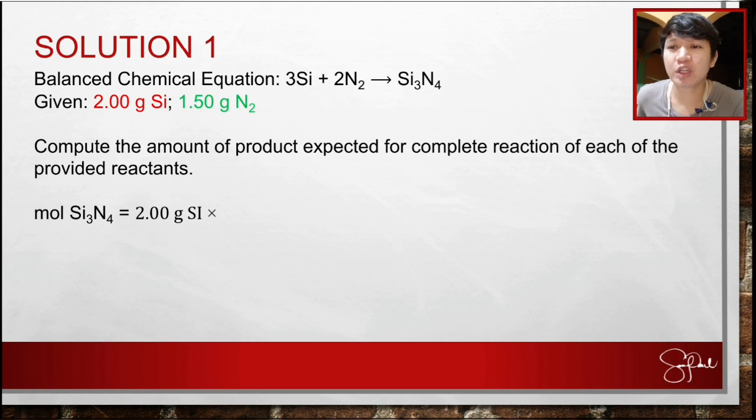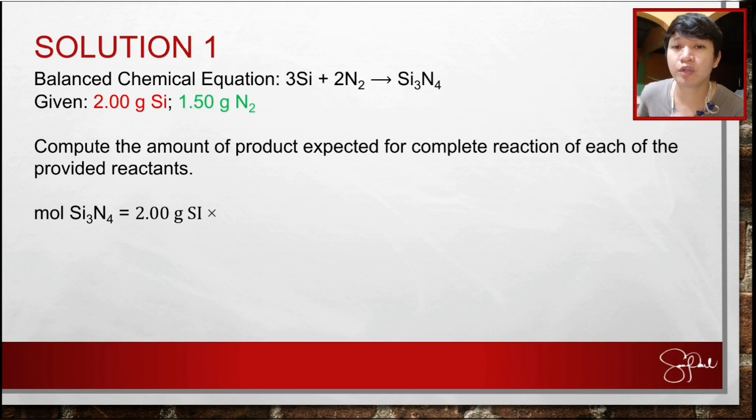If we are going to use 2 grams of silicon, we need to determine first its molar mass, so that we can convert it into moles of Si3N4. As I told you earlier, this is just the application of what we had discussed last time. We are going to use stoichiometric conversions here. What is involved in the first problem is silicon and silicon nitride.